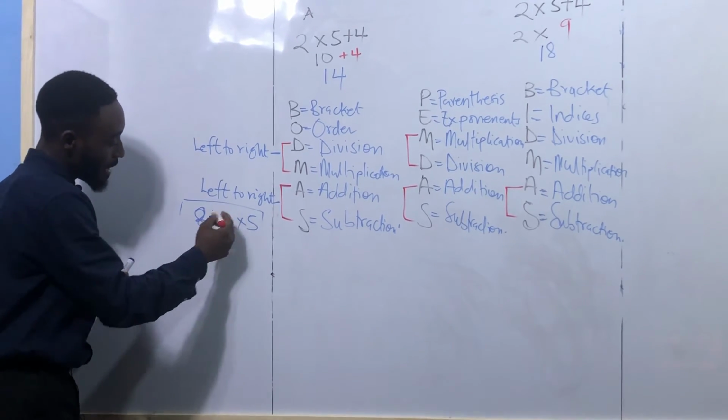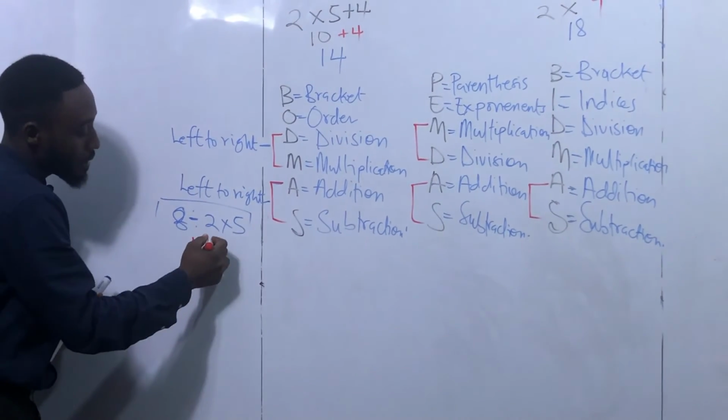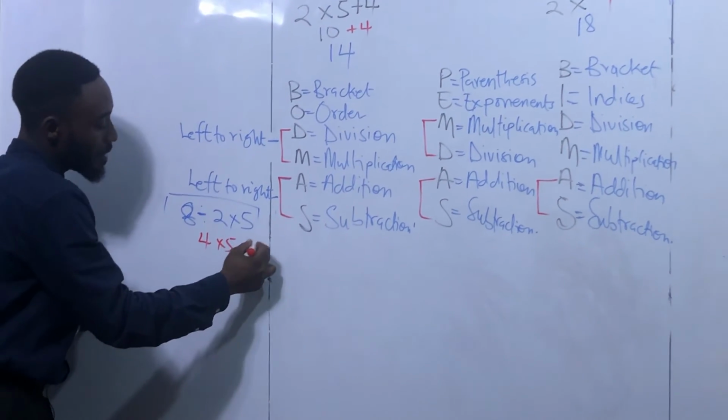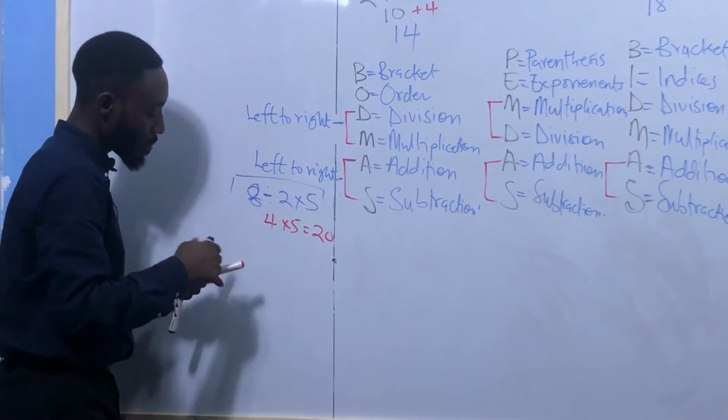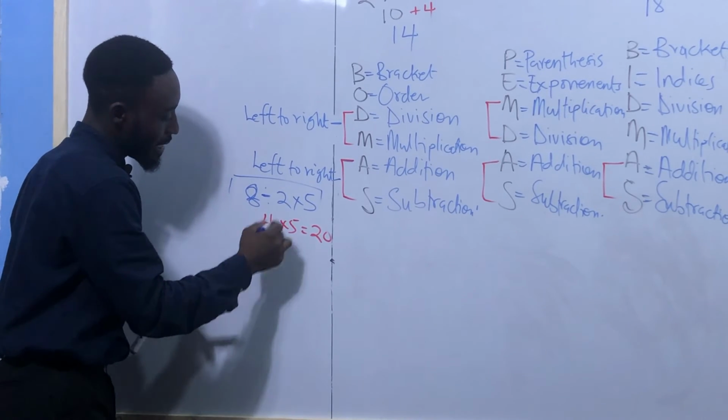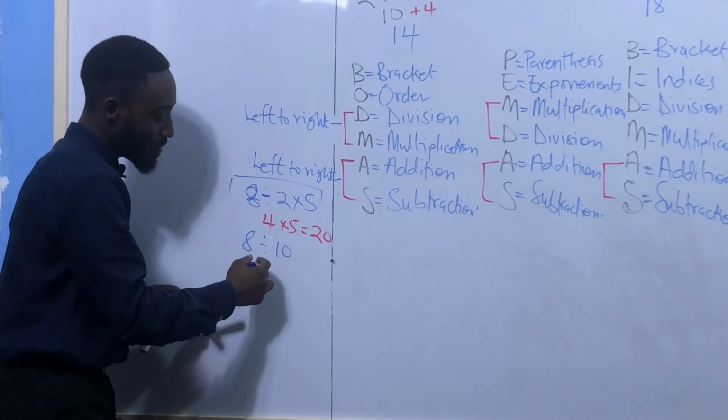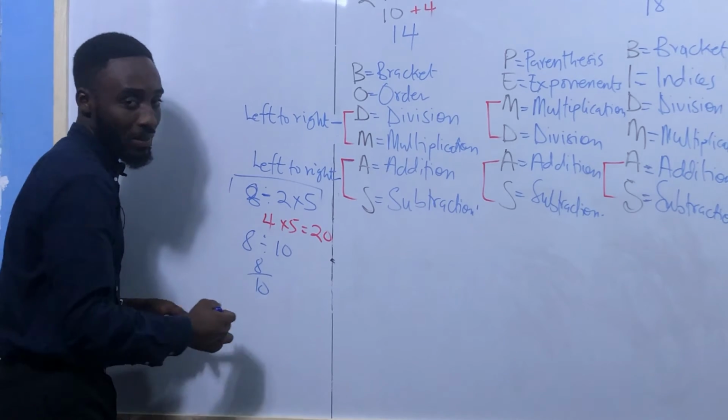So I would have to get 8 divided by 2, I'll get 4 times 5, giving me 20, and not 8 divided by 2 times 5, 10, giving me 8 out of 10.